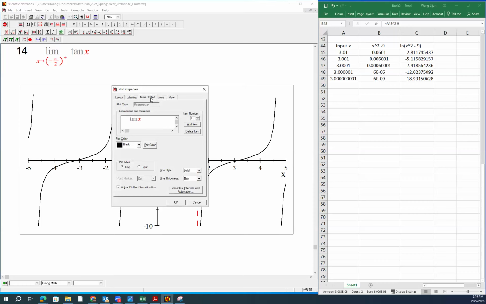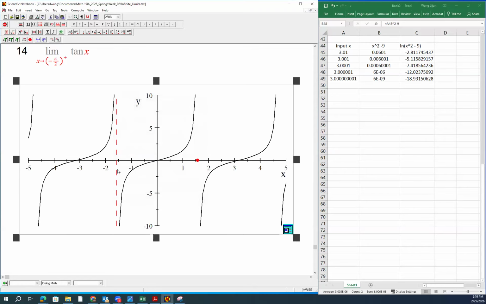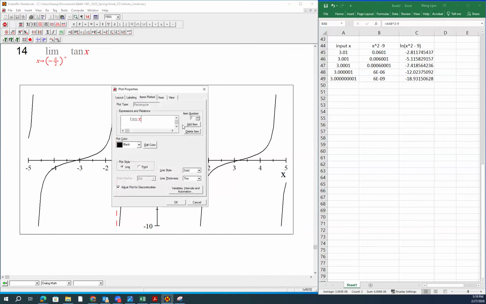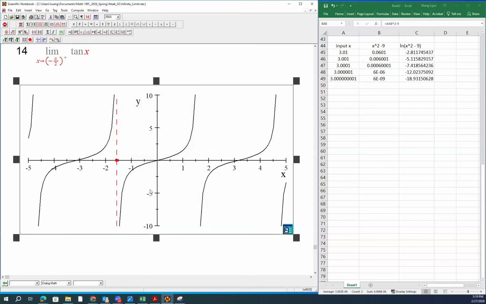So I'm going to draw the vertical asymptote again. This is negative pi over 2.